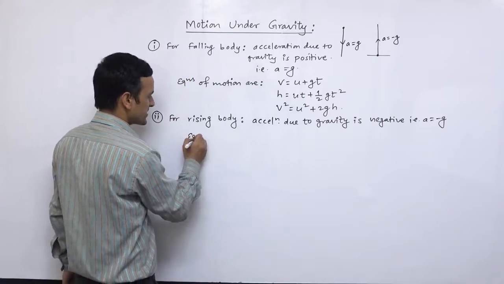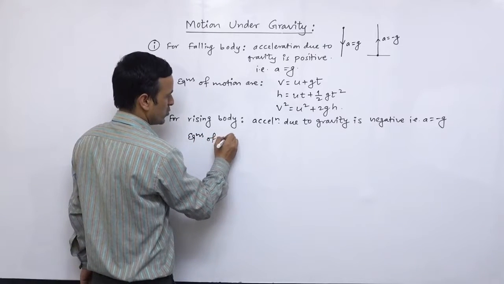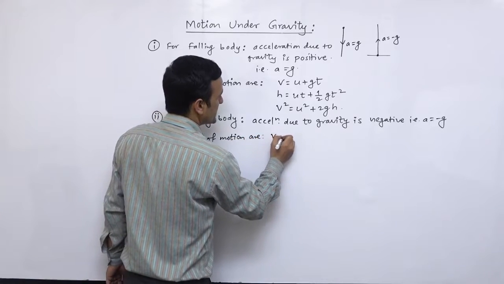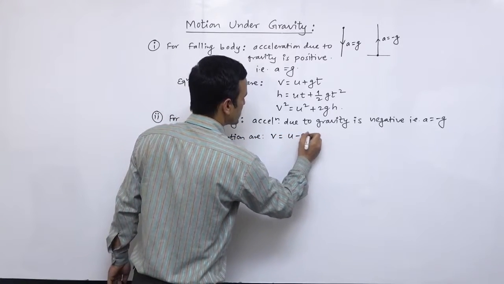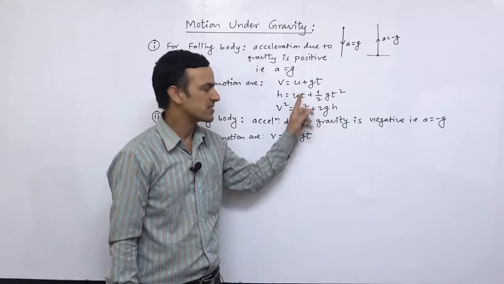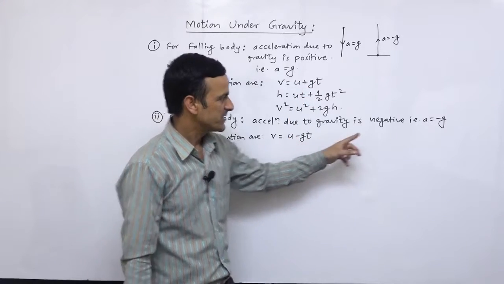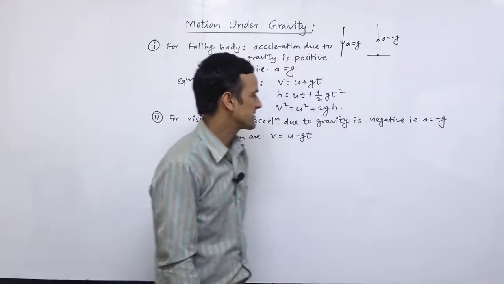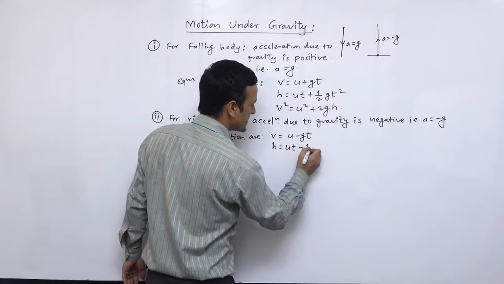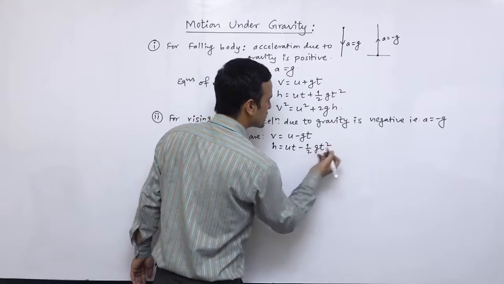So in this case, the equations of motion will be v is equal to u minus gt. The formula is the same, but we have to change the sign because g is negative in this case. So h is equal to ut minus half gt square.